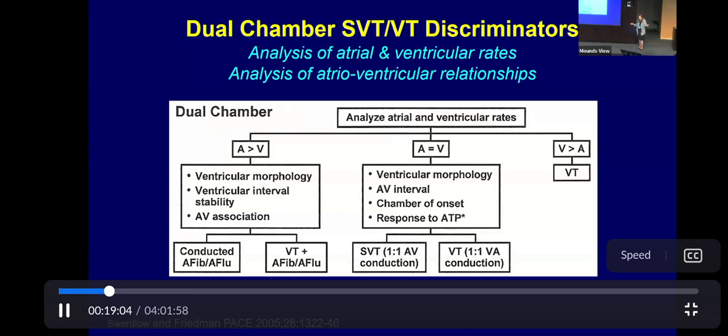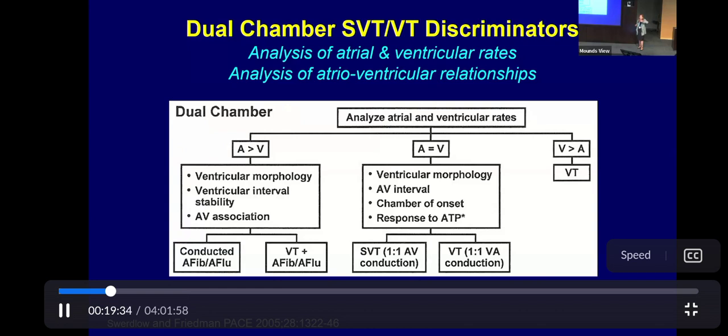And on top of that, if you have a dual chamber device, there are dual chamber discriminators. That's looking at what the atrium is doing and what the ventricle is doing. So the atrial rate may be greater than the ventricular rate, equal to the ventricular rate, or the ventricular rate may be greater than the atrial rate, the latter being AV dissociation. That's the easiest, so that's going to be VT if you have AV dissociation. If you have the atrial rate greater than the ventricular rate, you could have dual tachycardias, right?